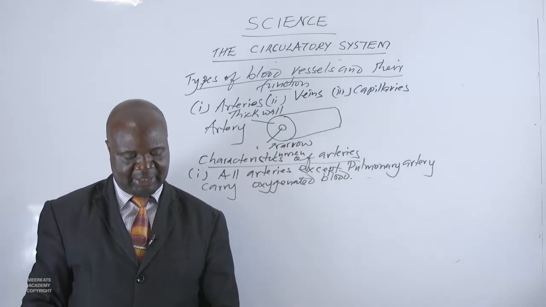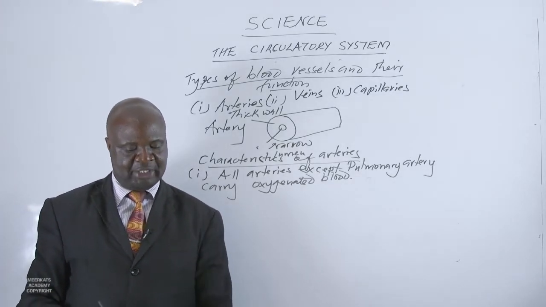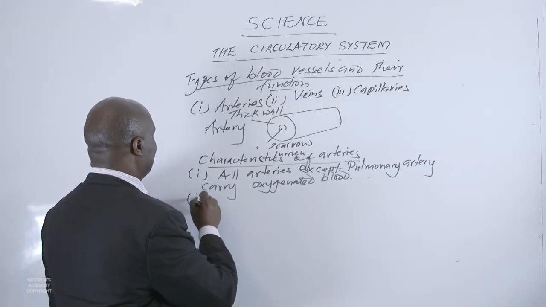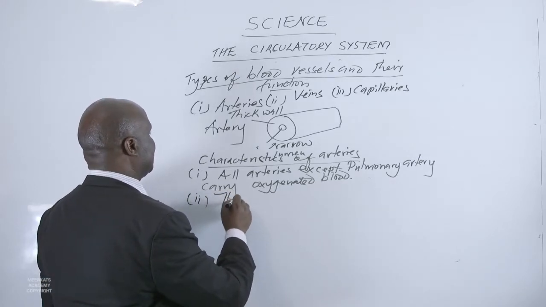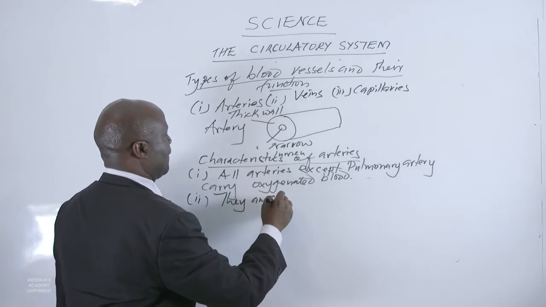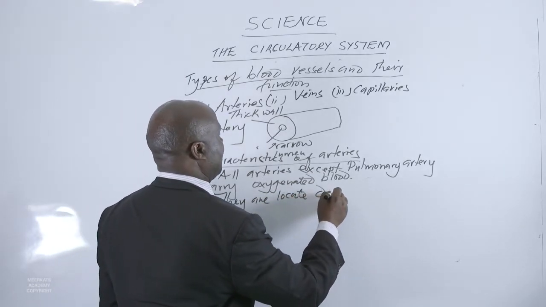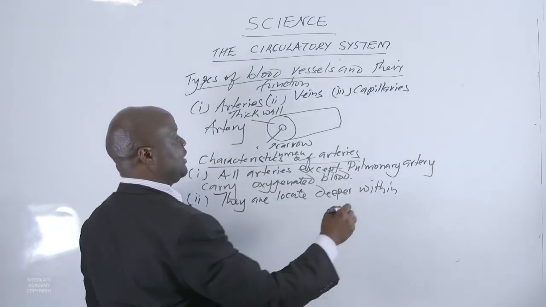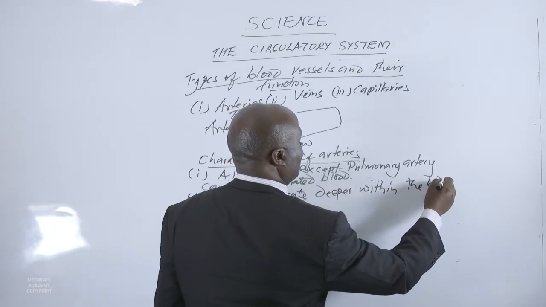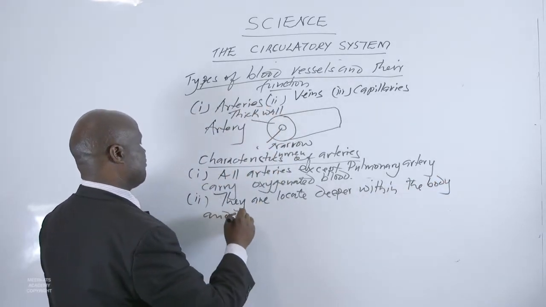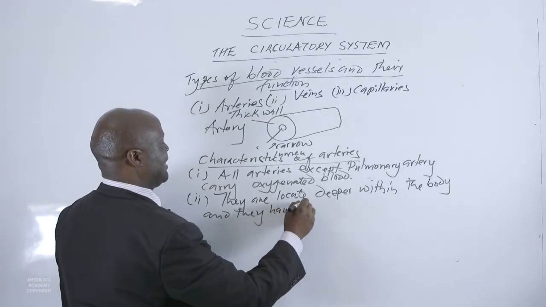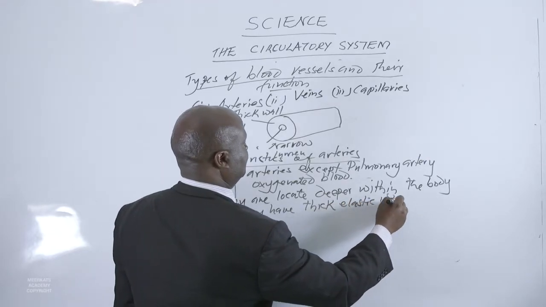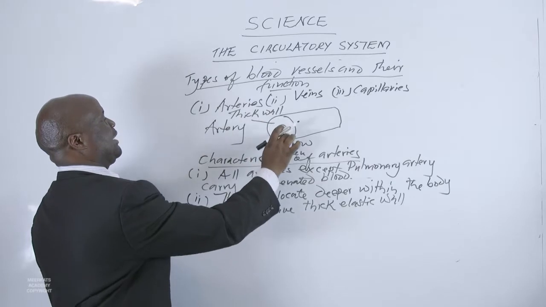And then the second characteristic, arteries are located deeper in the body. They have thick elastic walls. Arteries within the body, whether in the hand, are located deeper. And from this diagram, you can see this part is thick.